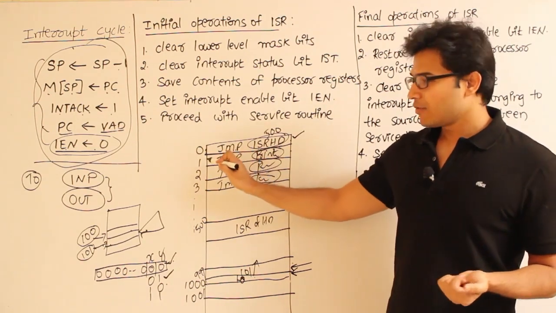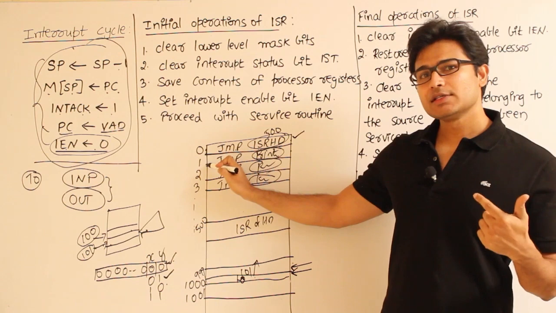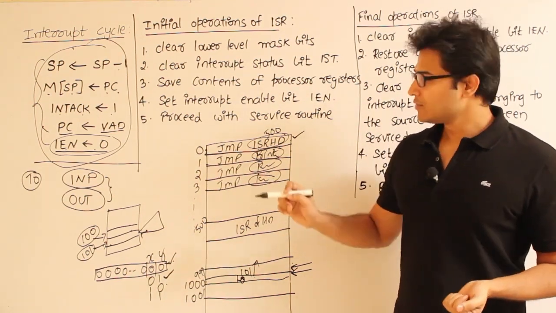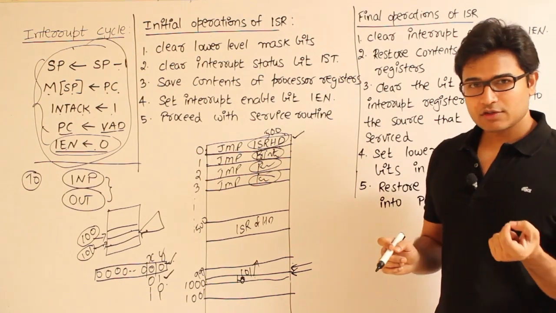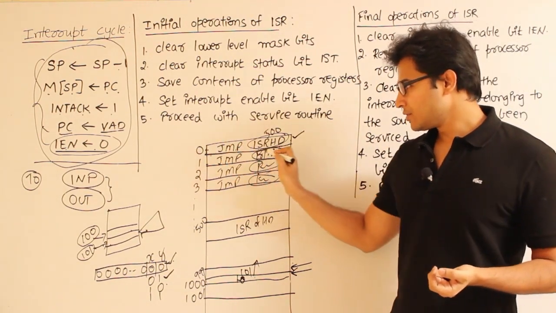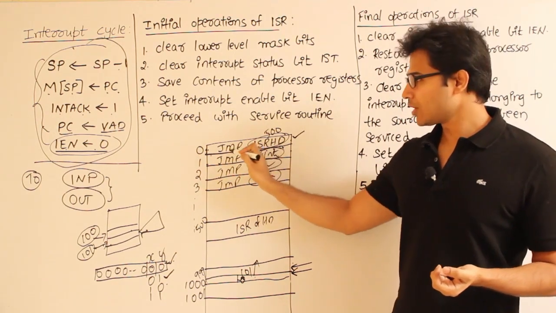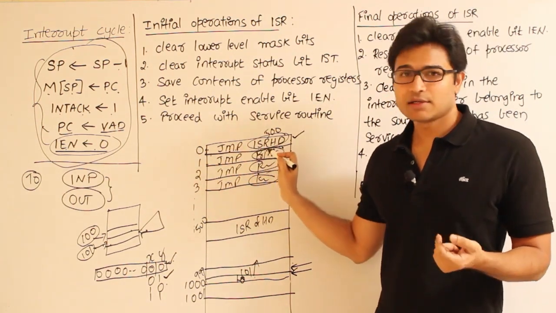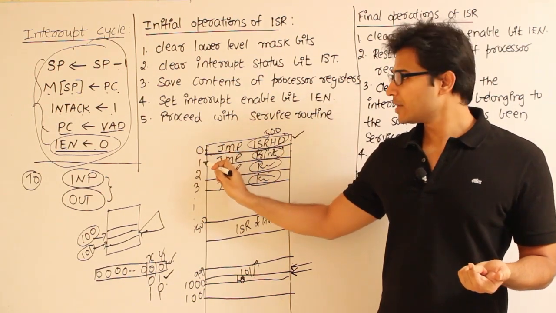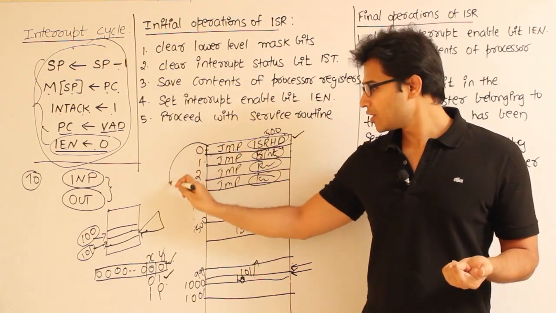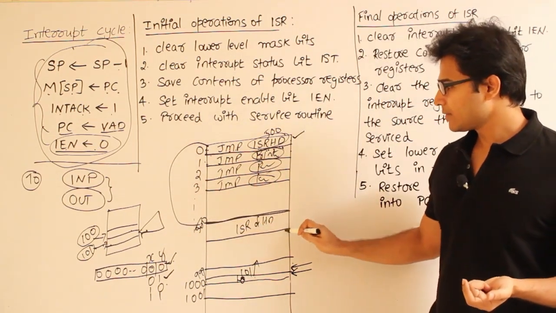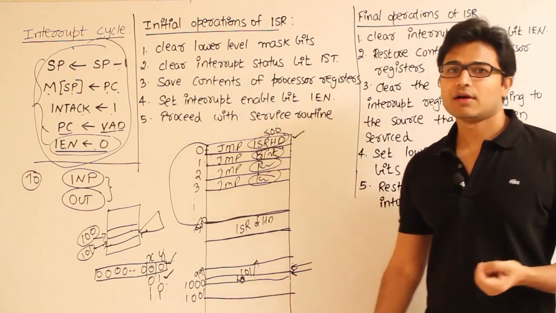And so from there we will start jumping to the concerned interrupt service routine. So let us say the device which has caused the interrupt is a hard disk. Then when you execute this particular instruction, you know what jump will do. Let us say it is an unconditional jump. Jump will just replace the program counter. Instead of incrementing by 1, it will just replace the program counter with 500, which means it will jump to the appropriate ISR of the hard disk.